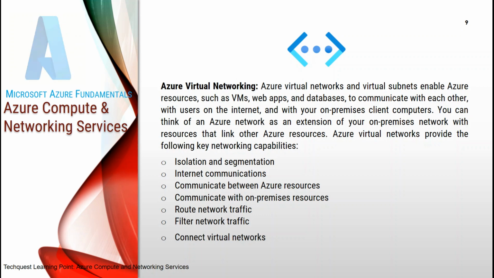Point-to-site virtual private network. Point-to-site virtual private network connections are from a computer outside your organization back into your corporate network. In this case, the client computer initiates an encrypted VPN connection to connect to the Azure Virtual Network.